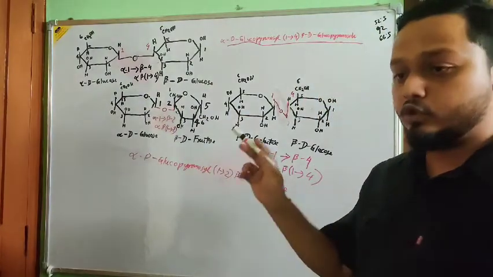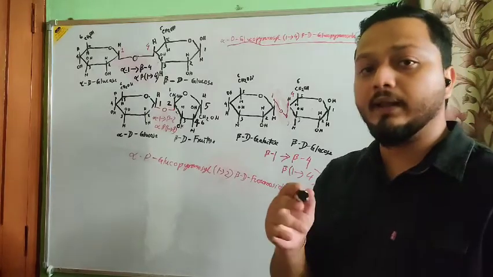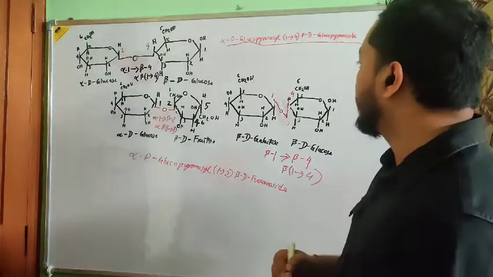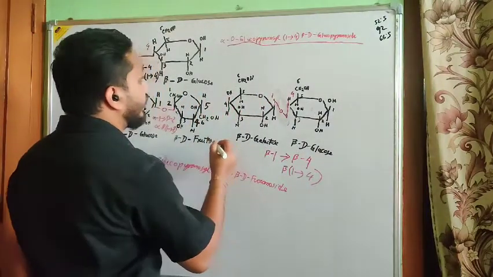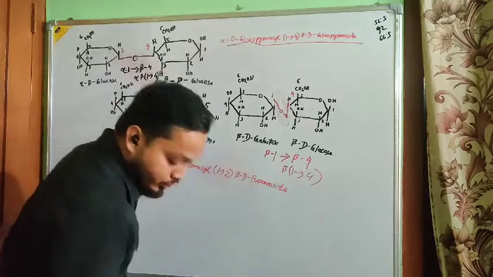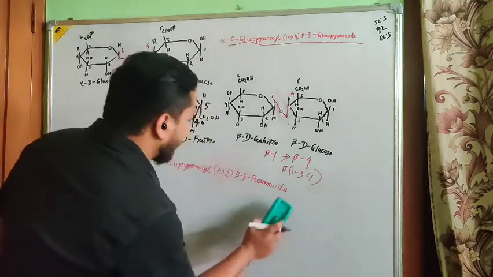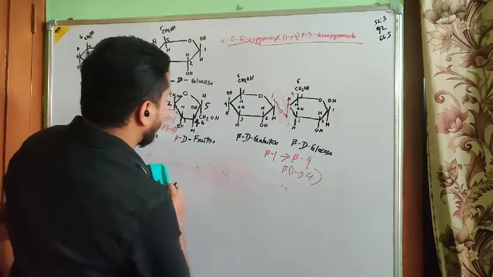Then, sucrose. Sucrose is the normal cane sugar. It is also known as invert sugar. Now, why this is known as invert sugar? This is sucrose.